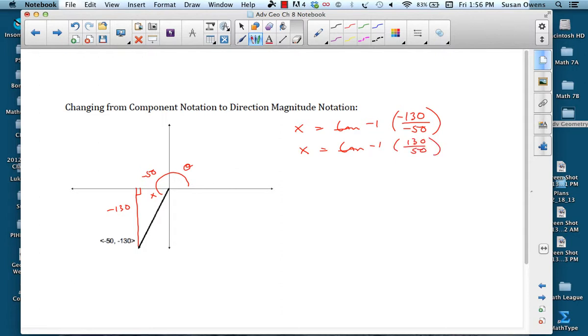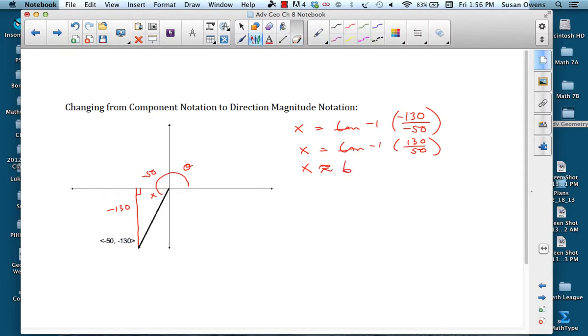The reason I point that out is that here's an issue with your calculator. Go ahead and do the inverse tangent of 130 over 50. Does it give you a positive answer or a negative answer? Okay, so x is about 68.96, so 69 degrees.